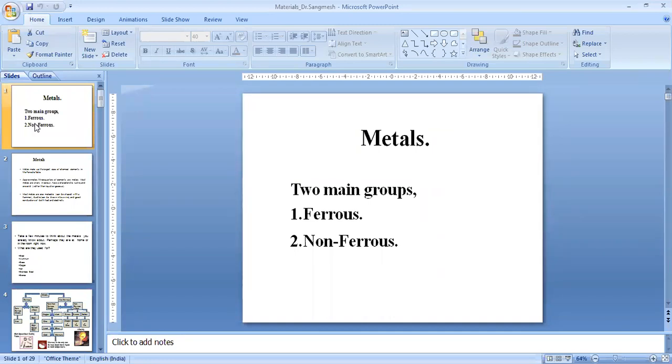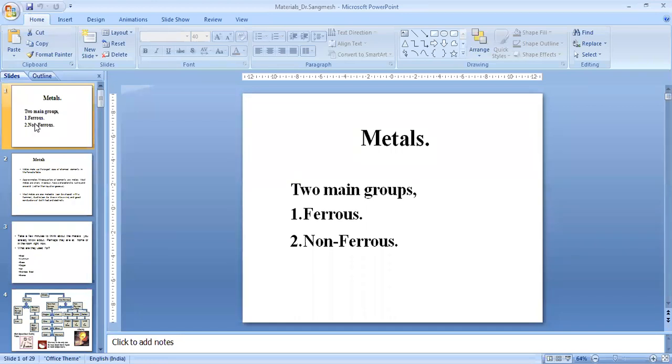Ferrous materials are usually stronger in nature. They are harder, and they are also brittle in nature because of the carbon present in the metal. The special property of the ferrous metal is that its characteristics can be altered by heat treatment process.